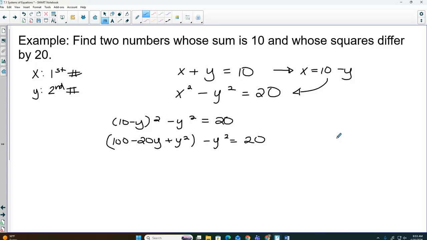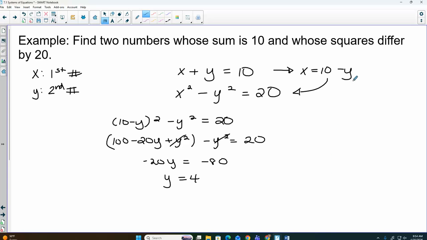What happens to my y squared? That's handy. So I have a negative 20y if I subtract over my 100. It's negative, oops, it's negative 80. Divide, and y is 4.